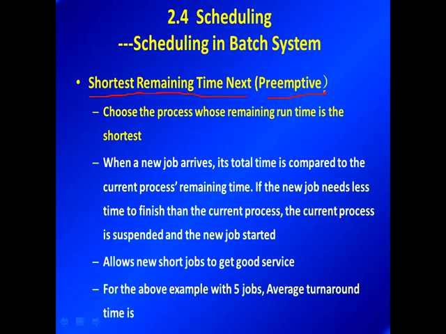Usually, if the jobs arrive at the system at different times, we can try to adopt this shortest remaining time next to get better performance compared to SJF and FCFS.